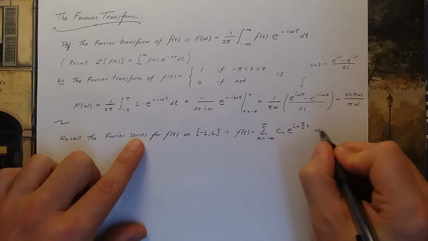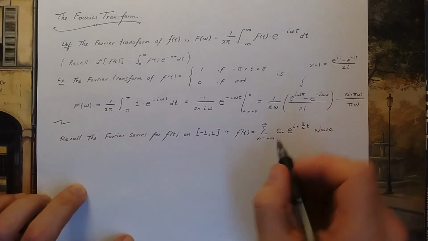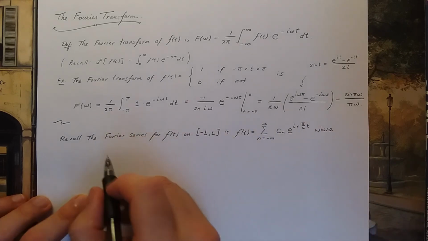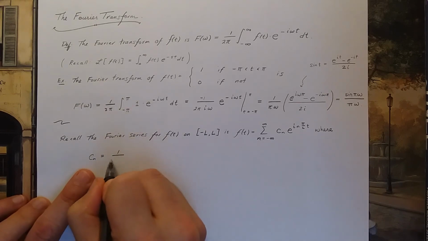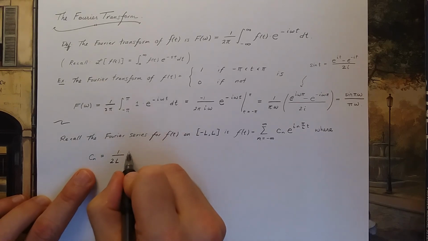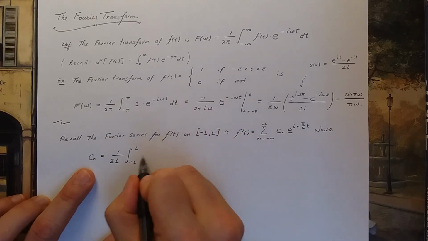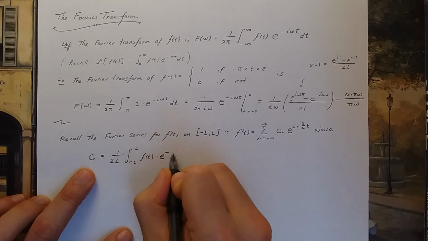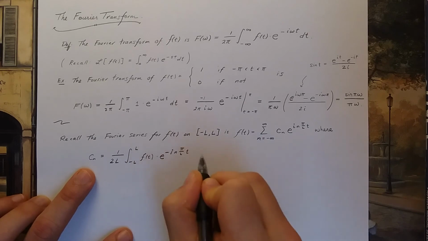And the constants Cn, when you write the Fourier series in this complex form, Cn is 1 over 2L times the integral from negative L to L of your function f of t times e to the negative i n pi over L t.